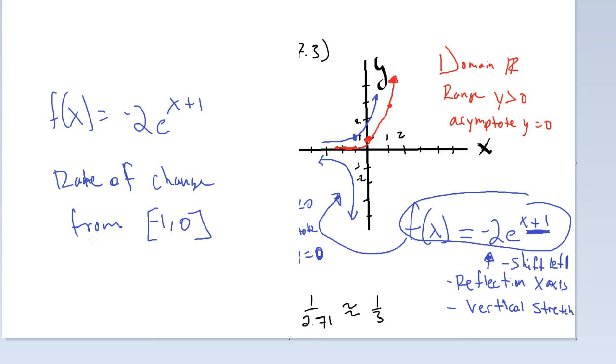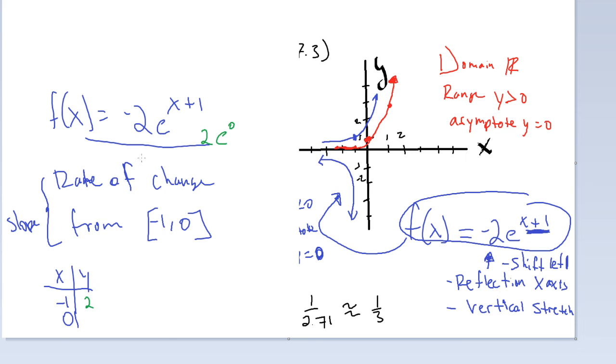And rate of change, what it means is just slope. That's what it means, slope. So quickly I'm going to find the values of y when x is negative 1 and when x is 0 using the same equation here. So if x is negative 1, well, negative 1 plus 1 is 0. E to the 0 is 1 times negative 2, well, that becomes negative 2.